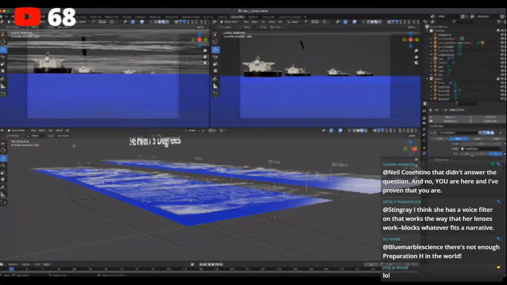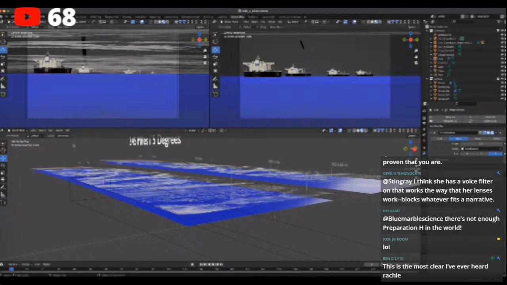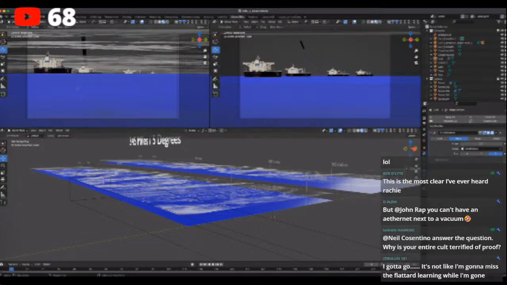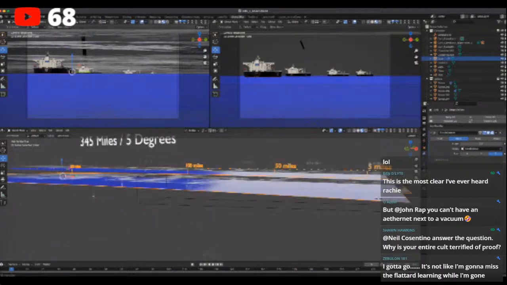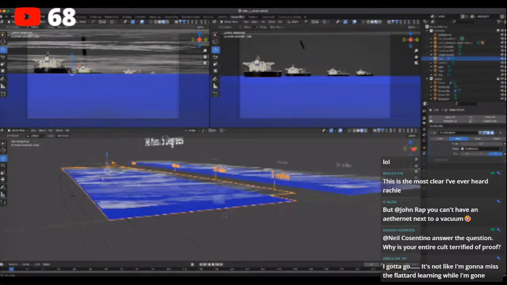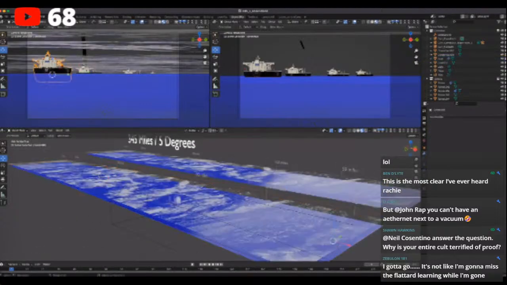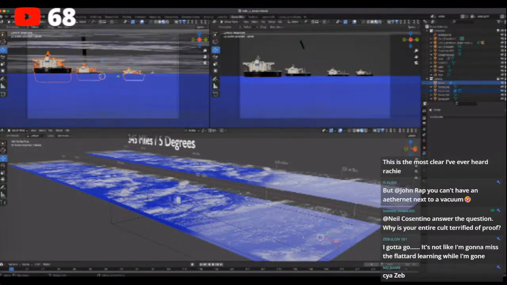And the perspective equations just mean that if we double the distance, we halve the size. It's literally that simple. But I decided on the left-hand side here, which is the curved 345 miles, 5-degree curvature. By the way, these vessels only exist in the first like 8 miles, so you can see them here.